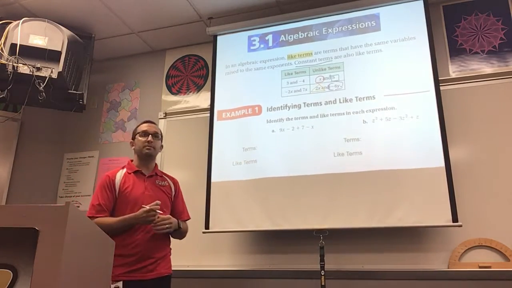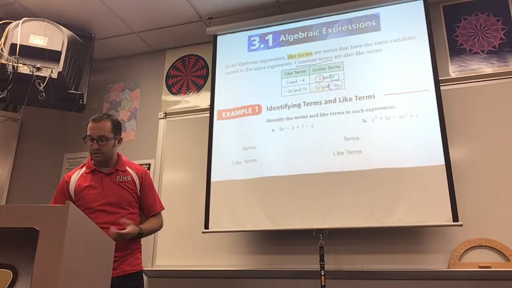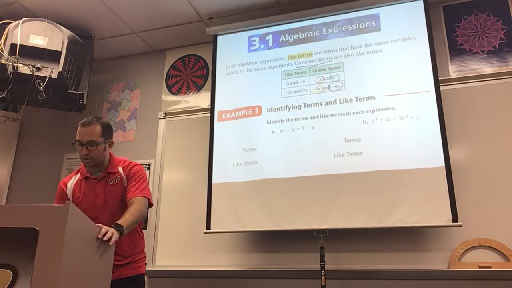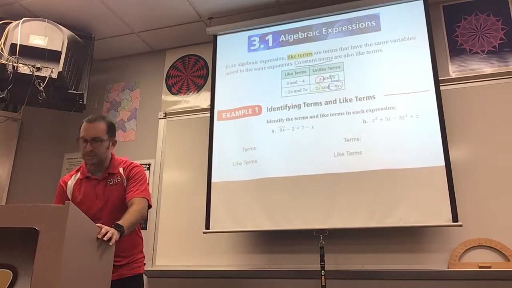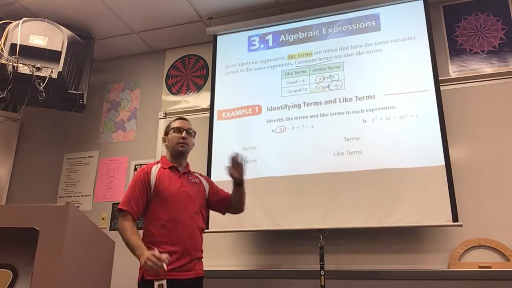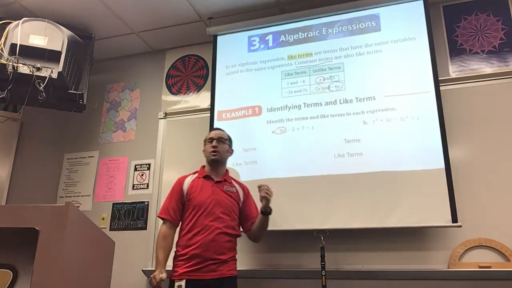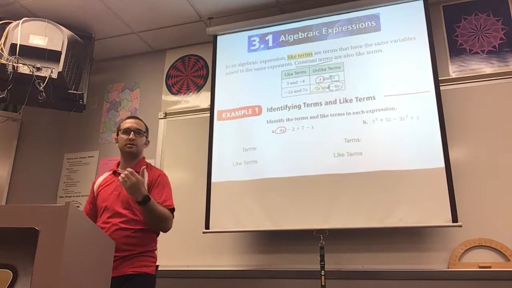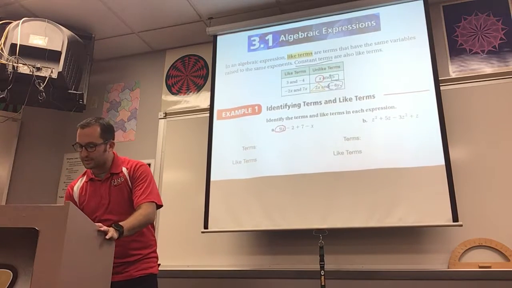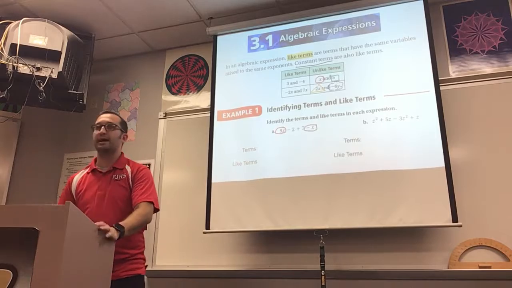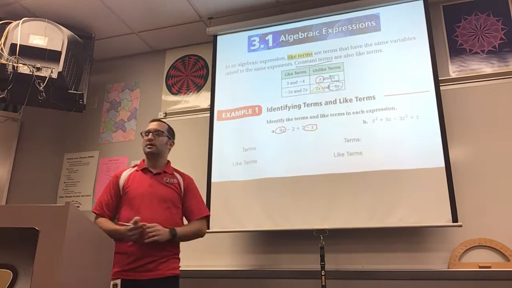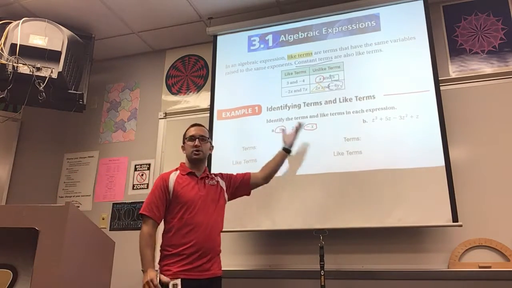So when we look at this one, let's identify the terms. We're going to use our shape method. I want us to just pick a circle, and we'll circle the first term. Notice how that term has an x. I want you to go through the entire thing and circle any other term that has an x. The other term that has an x is the last term, -x. Now we should have all the terms that have an x circled.